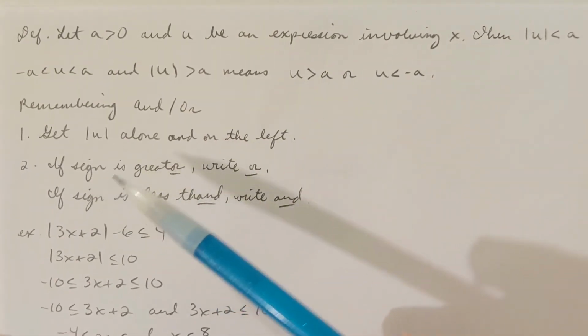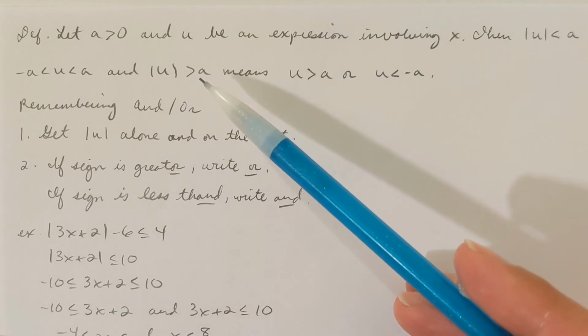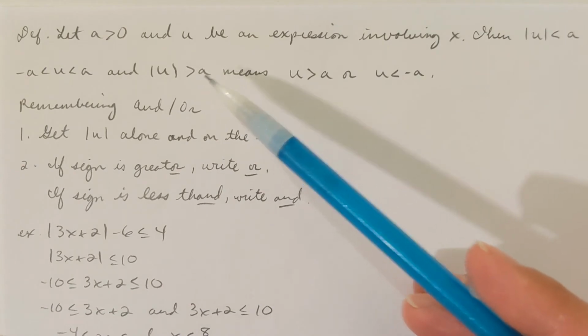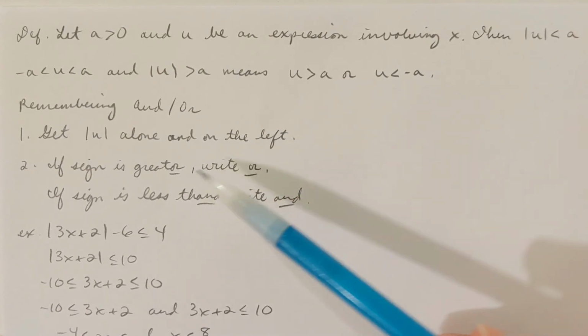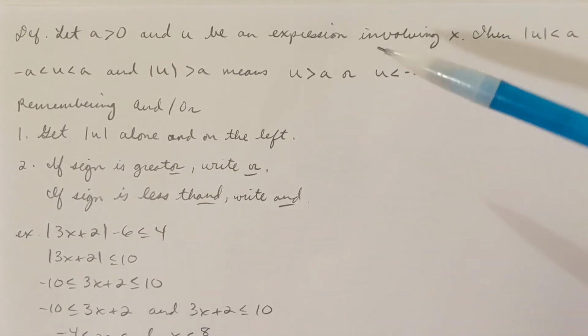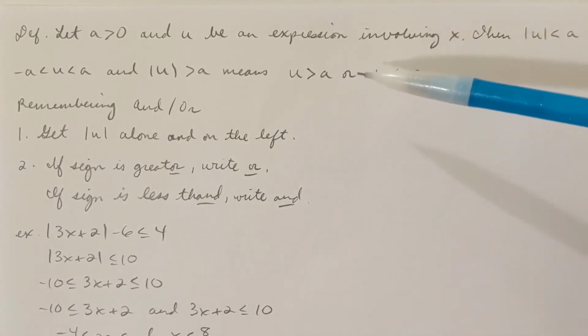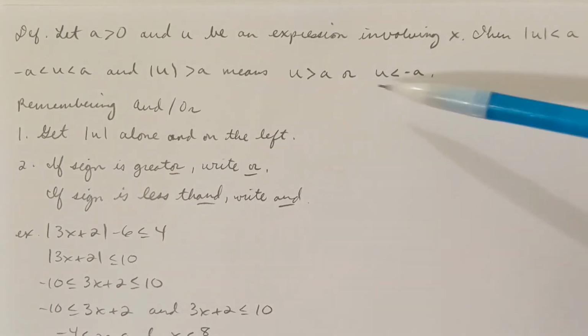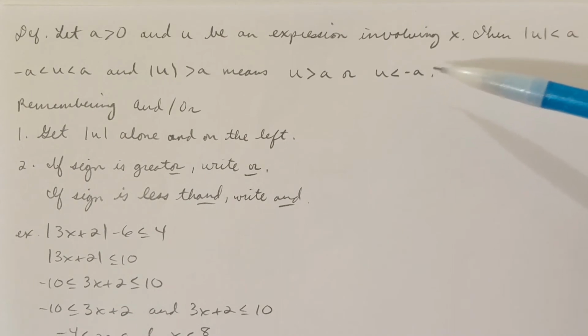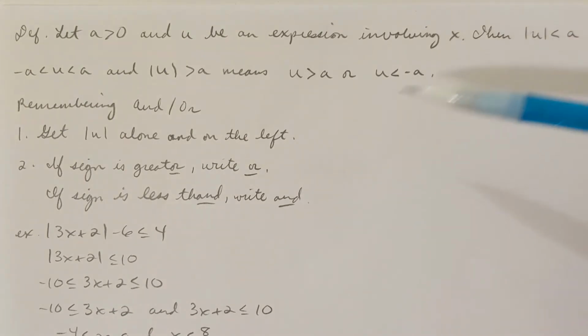And so step two, if the sign is greater, like it is here, you're going to write the word or. One of the inequalities is going to be like the absolute value bars aren't even there. The other one, you're going to flip the sign and then throw a negative on the right.